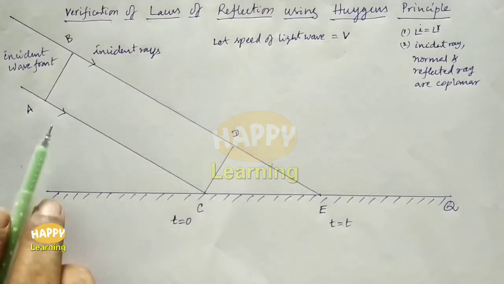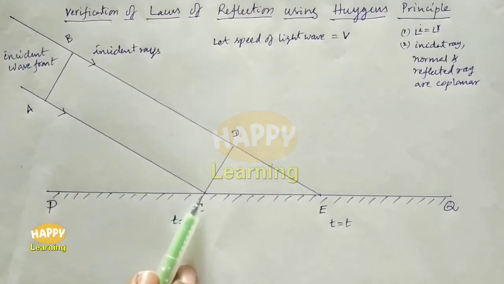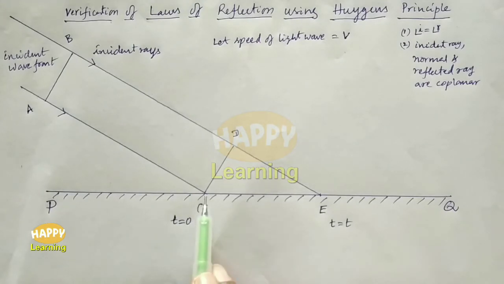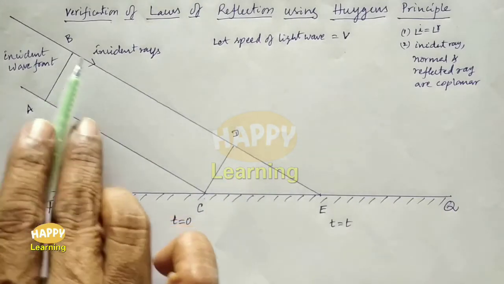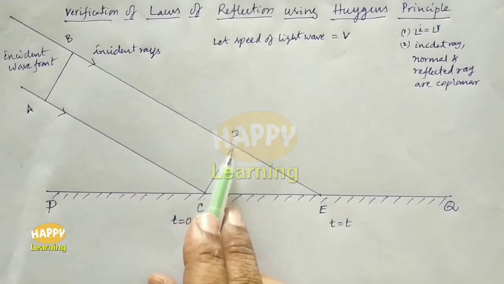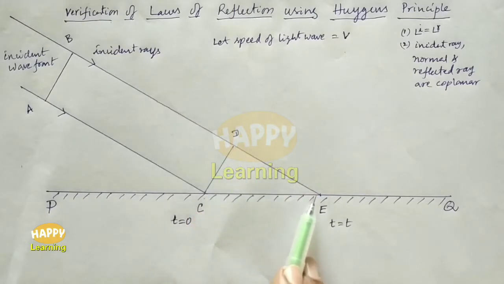That means when this ray AC touches PQ, let us assume time is 0. At that time, the wave BD is still at point D. It takes some time t to reach from D to E.